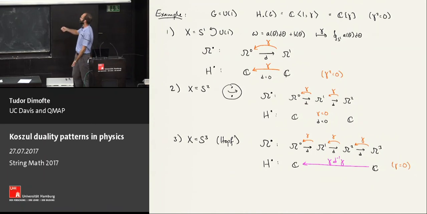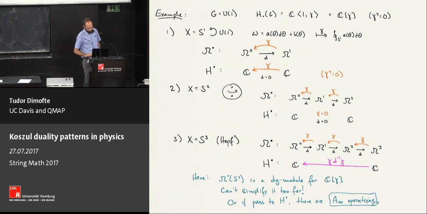There's no way it's going to relate the top copy of C to the bottom copy of C. On the other hand, we can do something more interesting here and apply gamma, and then notice that D is invertible because the cohomology in degree 2 vanishes. So apply D inverse, then apply gamma again, and actually get a yet higher operation that connects the top copy of C to the bottom copy of C.